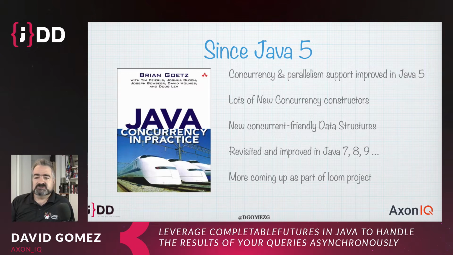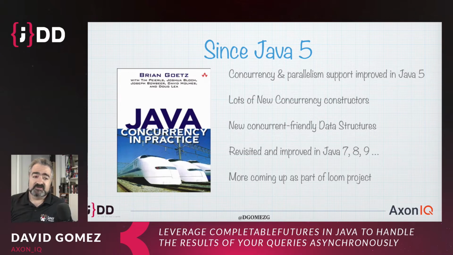Not only new constructs and synchronizers, there were also some data structures designed specifically to better support concurrency and parallelism. And even after that, in Java 7, Java 8 and Java 9, every single version has tried to redo and improve all these constructs and concurrency support that we have in Java.